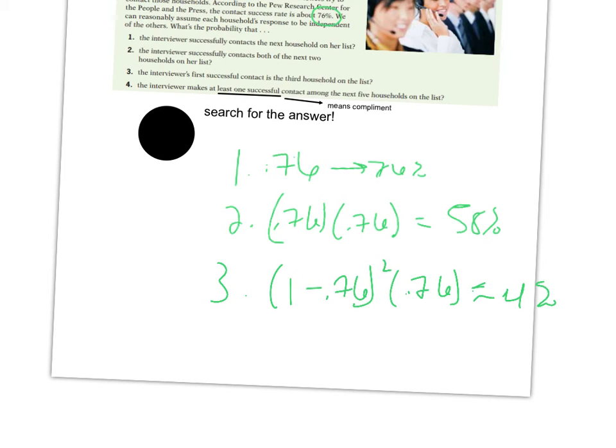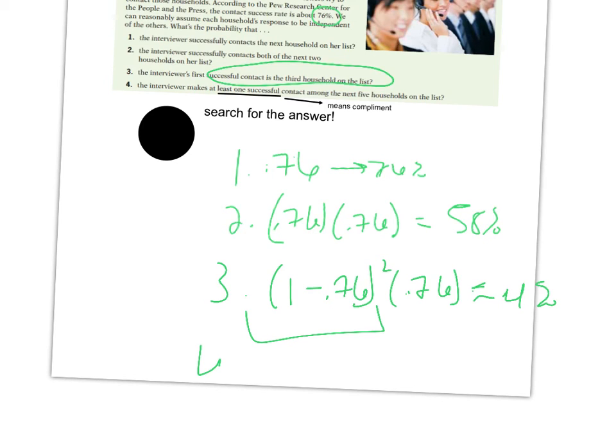If you found that another way, you could do that too, but whenever you see the interview's first successful contact is the third household on the list, you basically have to think about your 2 previous scenarios too. So this is like not getting the contact on the first 2 times. If you listed them all out, that's fine too. You could also just do your 0.24 times 0.24, and it's the same thing.